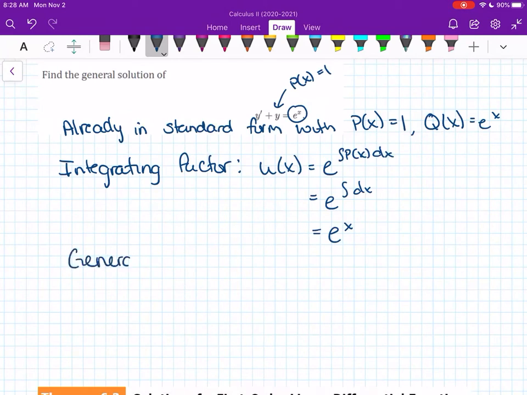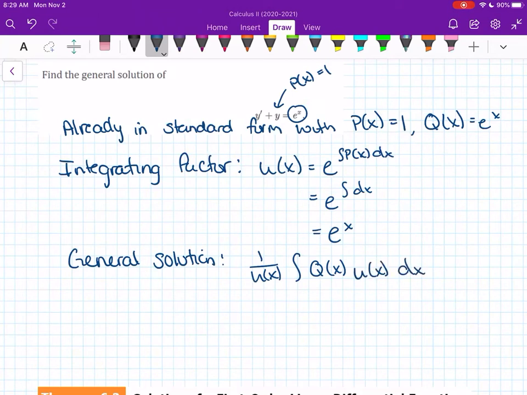So then if I look at my general solution, I can go back to what we just proved. It is then going to be of the form 1 over u of x times the integral of q of x, u of x dx.